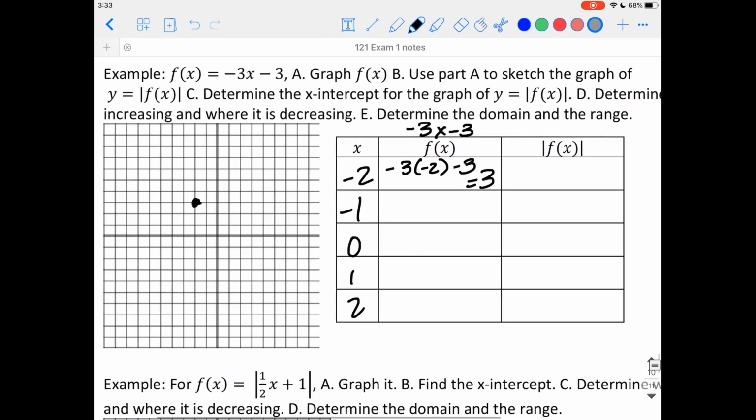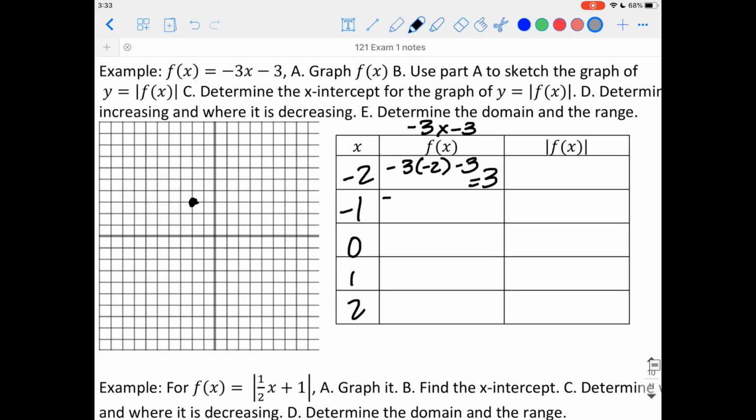Negative 3 times negative 1 is 3, minus 3 is equal to 0. So negative 1, 0. Negative 3 times 0 is 0, minus 3 is negative 3. So 0, negative 3. Negative 3 times 1 is negative 3, minus 3 is negative 6.